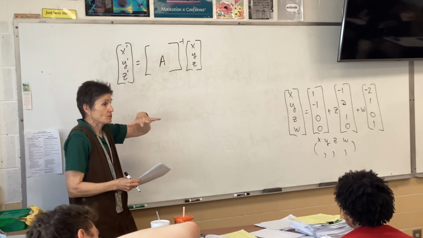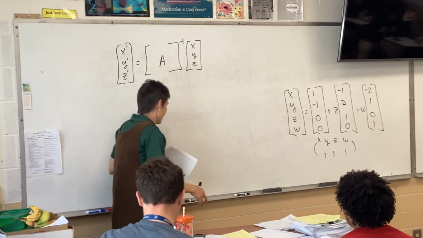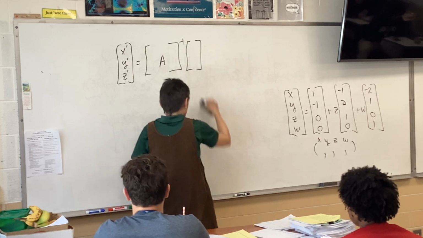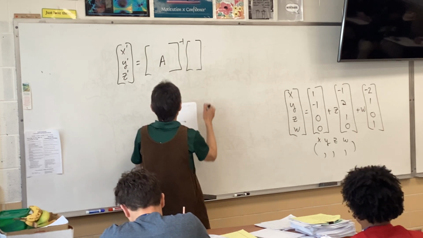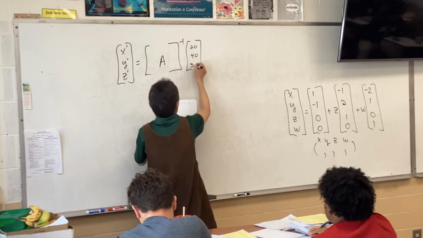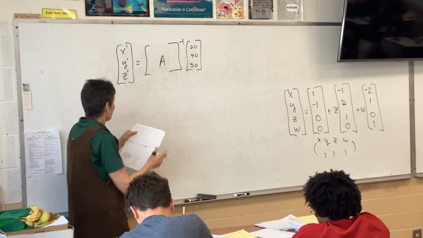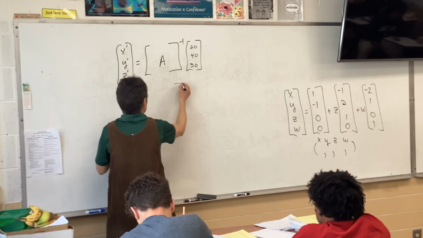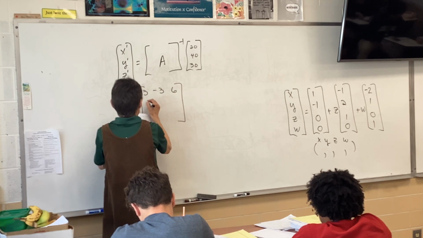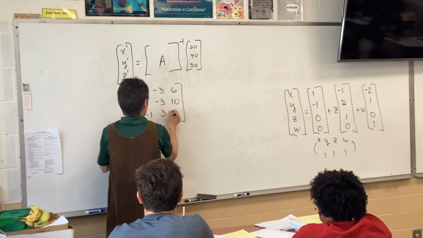To solve with inverses, you simply multiply your coefficients times your variables, your original equals things. That's what I should have written. Okay? So we're going to put in our coefficients. 3, -3, 6, 1, -3, 10, -1, 3, and -5.